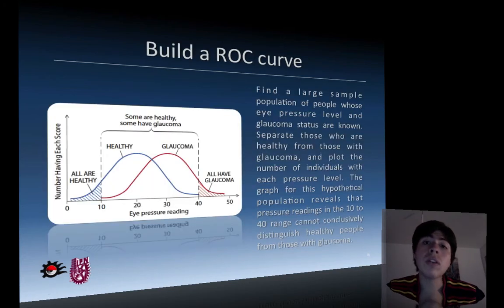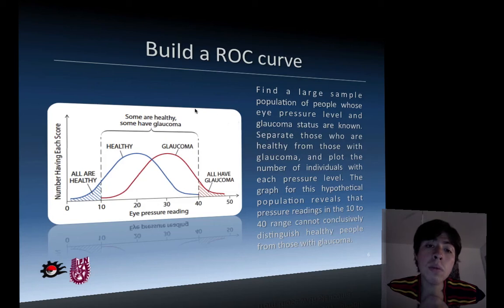So how do we build an ROC curve? Well, for our example, we're going to talk about patients who have or don't have a certain disease, in this case glaucoma. So as the description states here, first we need to find a large sample population of people whose eye pressure level and glaucoma status are known.